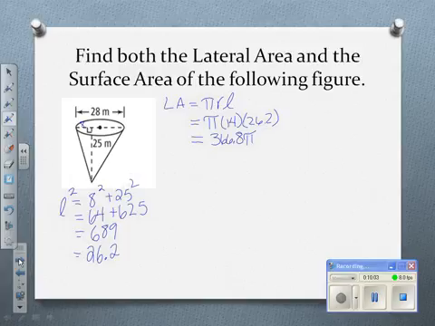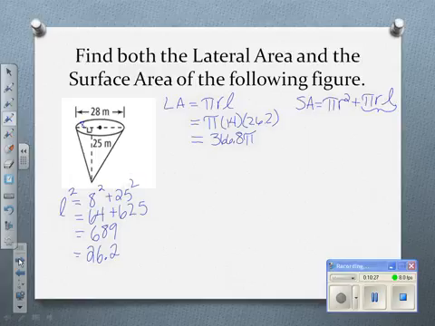Okay, surface area is pi r squared plus pi r L. So again, notice we've got the lateral area as part of the formula.